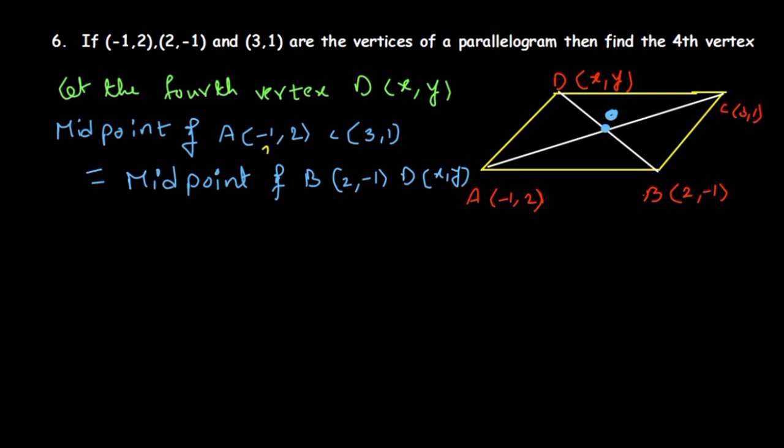Okay, so here we can take these points as (x1, y1) and (x2, y2), and for this one also (x1, y1) and (x2, y2). So what is the midpoint of AC here?